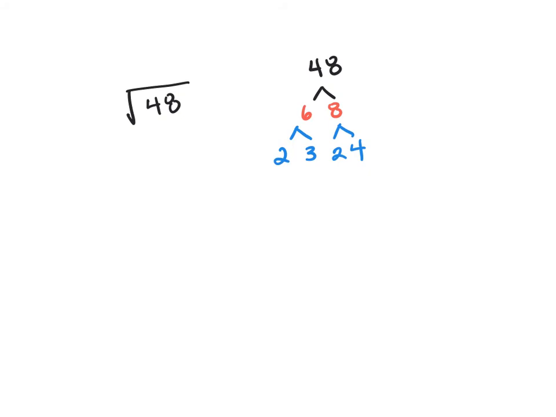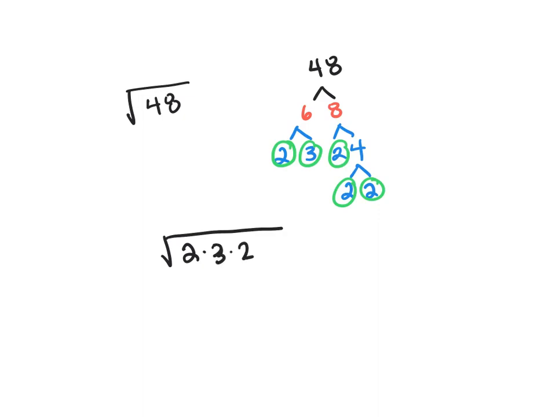Are any of these prime? Well, in 6, 2 and 3 are both prime. And in 8, 2 is prime, but 4 isn't. So from here, we go to 2 and 2. So these 2's are now prime, and we can rewrite the factors of 48 as all the circled numbers. So the square root of 48 can also be written as 2 times 3 times 2 times 2 times 2.